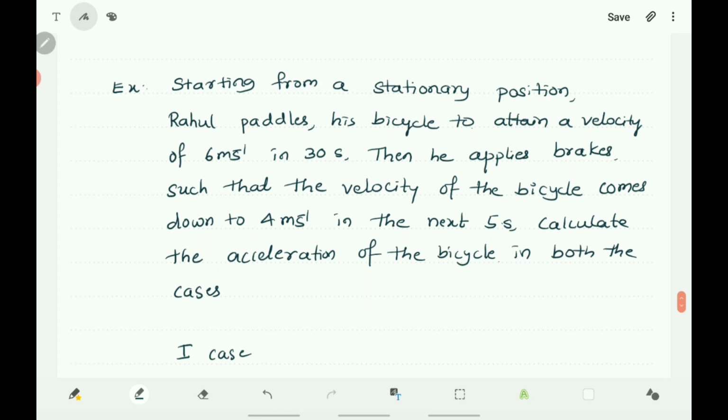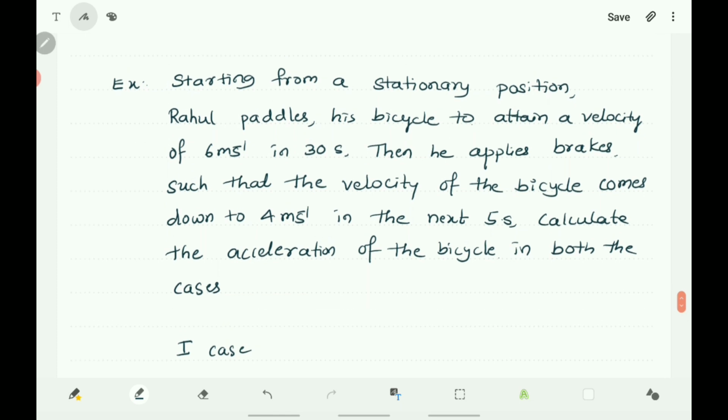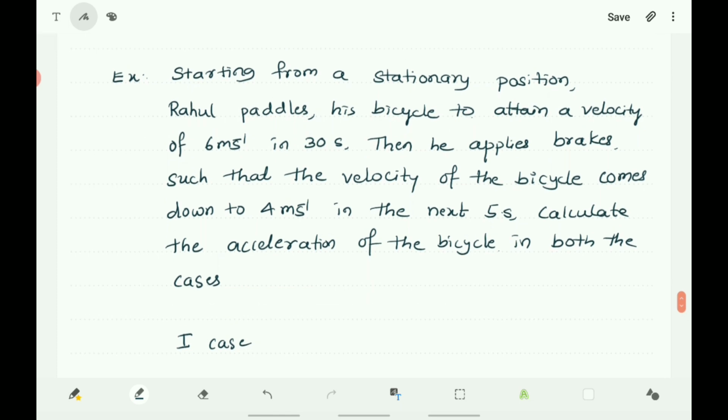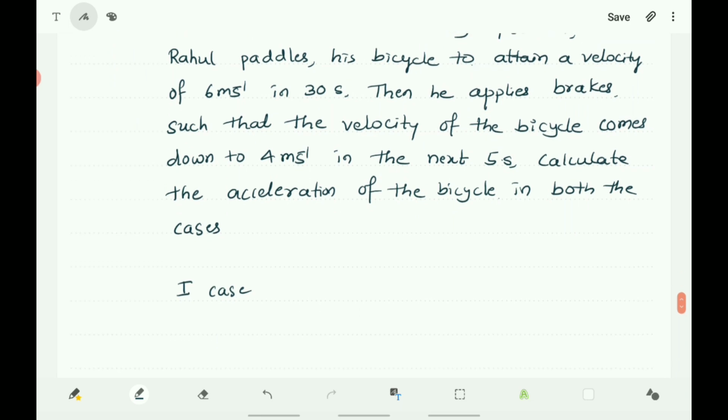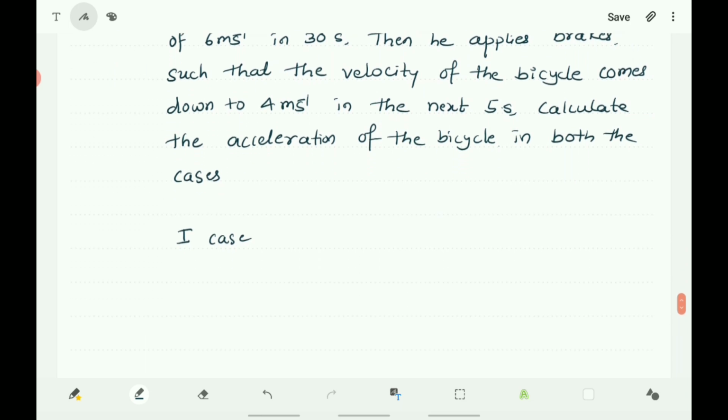Here, the starting position, it was at stationary, means the initial velocity u is equal to 0. What is u here? That is the initial velocity.